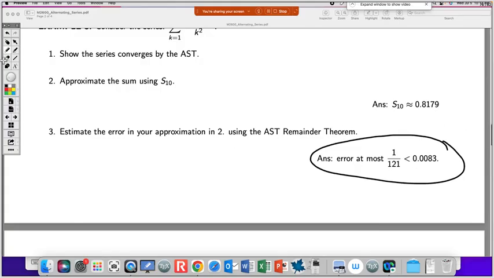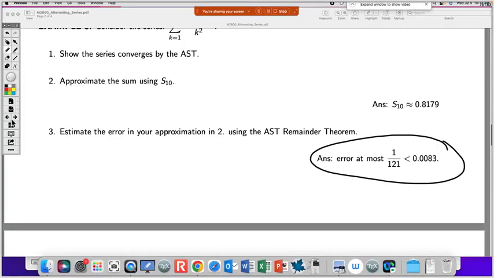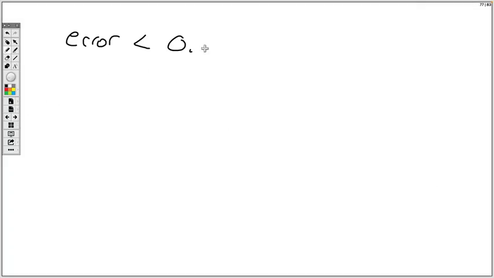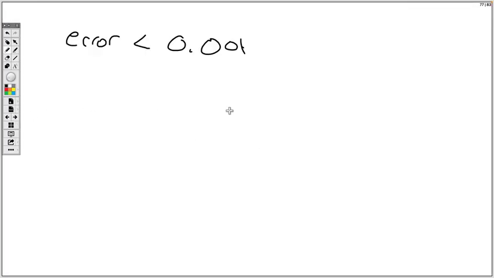Now, what if you wanted the error to be less than 0.0001? You follow? So what if I wanted the error to be like that? What would you have to do?